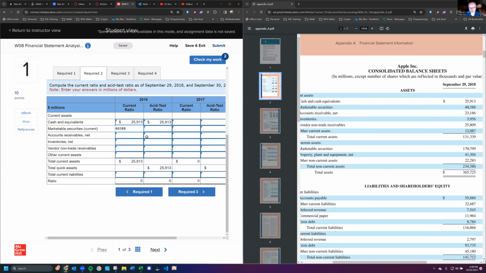Marketable securities, are those as an asset, are those quick assets? That is the bigger question, isn't it? Is it a quick asset? So my answer to you would be yeah, because you can sell that pretty quickly and get it back. So 32388.